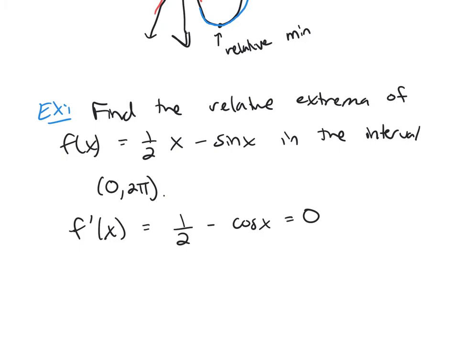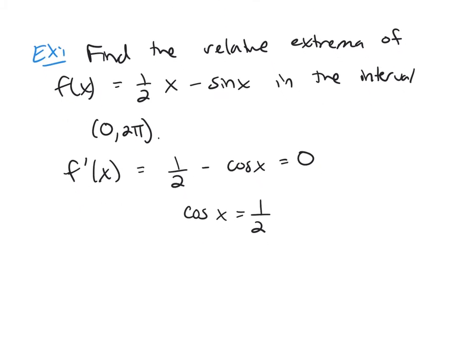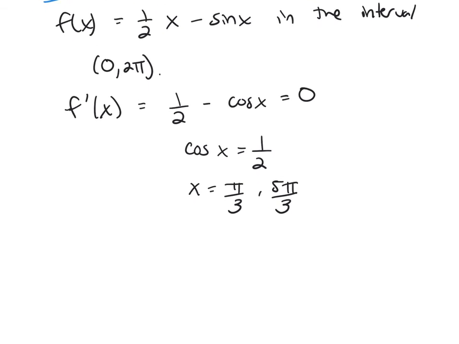So if I solve for this equation, I'm going to get cosine of x equals 1/2. So there are two angles on the unit circle where cosine is 1/2, pi over 3 and 5 pi over 3. So I'm going to make my number line here, and we're going to start off at 0 and end at 2 pi.